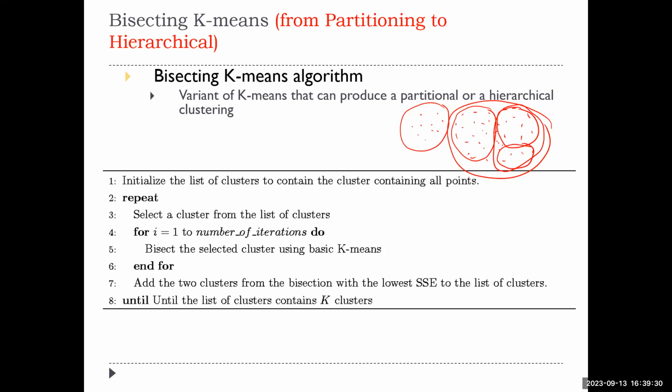Now it depends on where to stop. So if k is 5, I need to do one more step. So among these 4 clusters, which one is the worst cluster or highest sum of squared errors? The middle one, okay. So again, we split into this one and this one. So now I have 5 clusters.